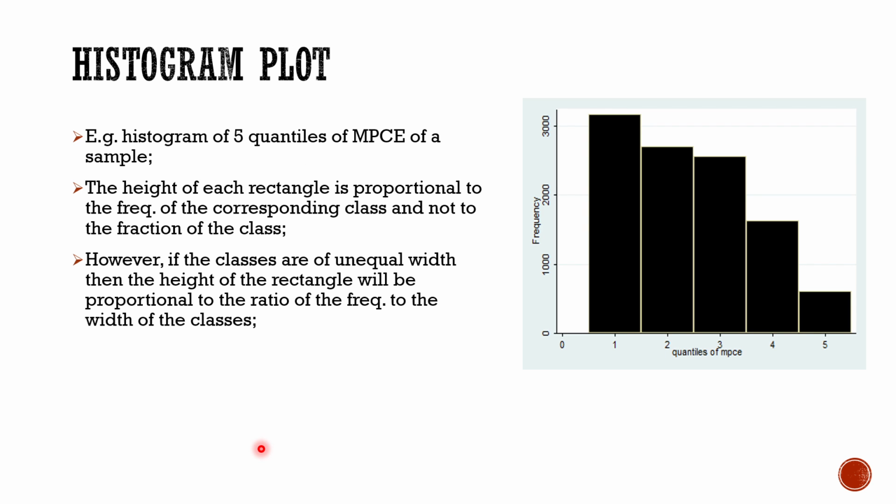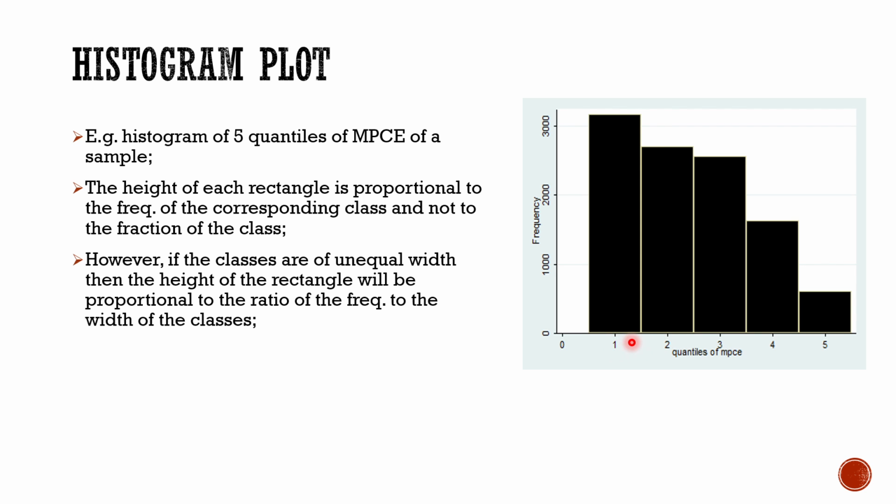For example, you can have this histogram which is made using quintiles of monthly per capita expenditure of a sample. If we talk about quintiles, there will be 5 quintiles, which divide the whole sample into 5 categories, and there is a jump from 1 to 2, so the difference d is 1.